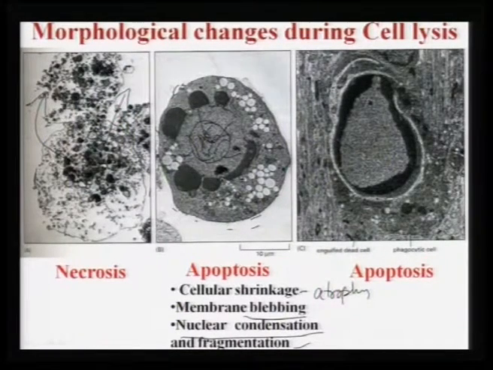So, these are the morphological signs of apoptosis, but in necrosis one can immediately understand that the cell membranes themselves are ruptured, and all the intracellular organelles come out, and then they form necrotic cells. Sometimes in our lab we have seen that once you apply too much electric field or electric voltage in electric field experiments, the cells undergo necrosis, not apoptosis, because we can see that cell membranes are ruptured and all the intracellular elements are coming out.